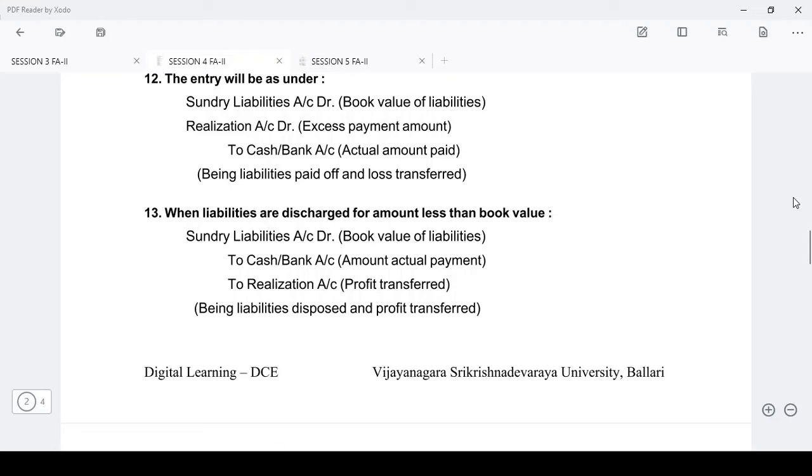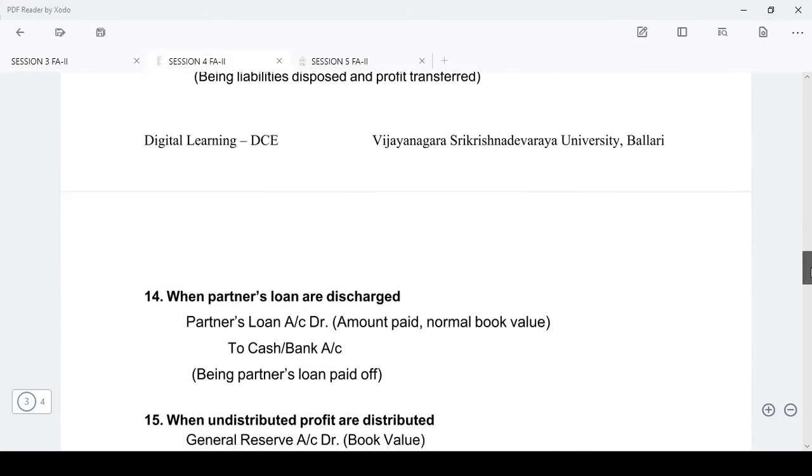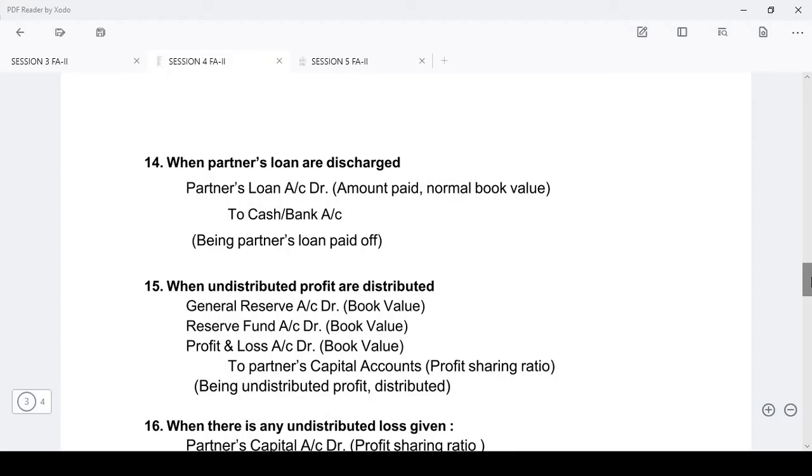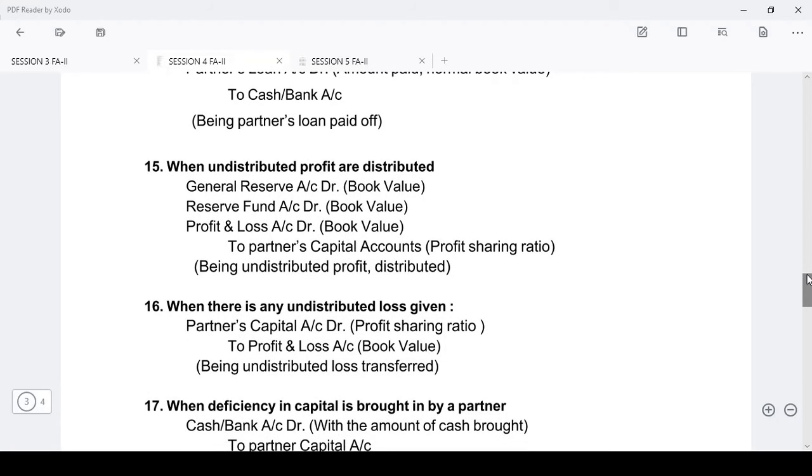The next one is, when partners' loan is discharged, then partners' loan account is debited to cash or bank account. After this, we are supposed to transfer any undistributed profits available in the balance sheet. First, if there is a general reserve account, it is to be debited. If there is a separate reserve fund account, that reserve fund account is to be debited.